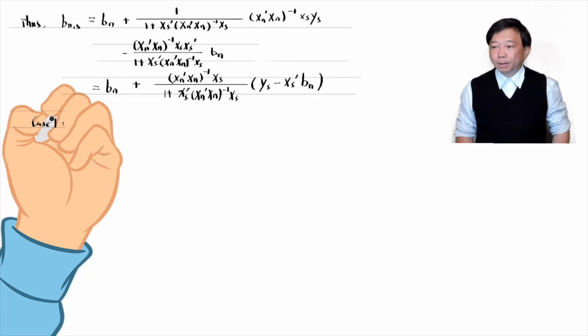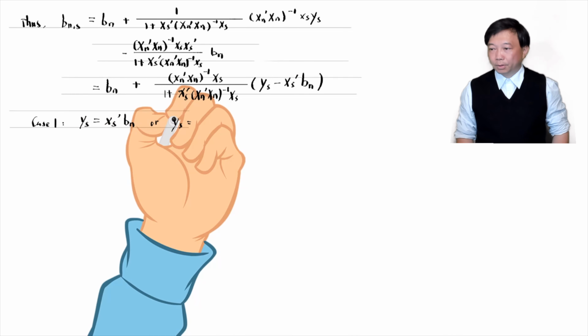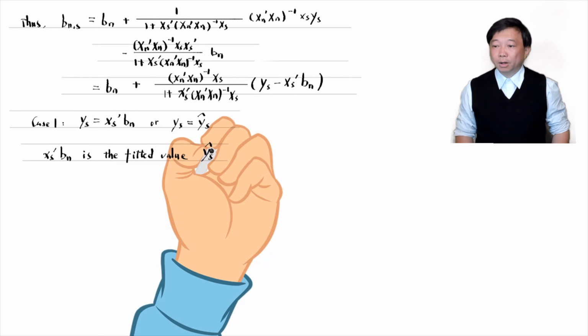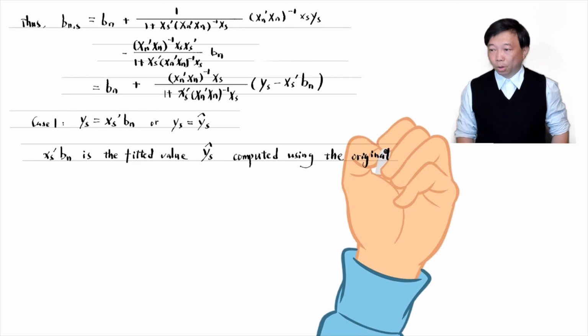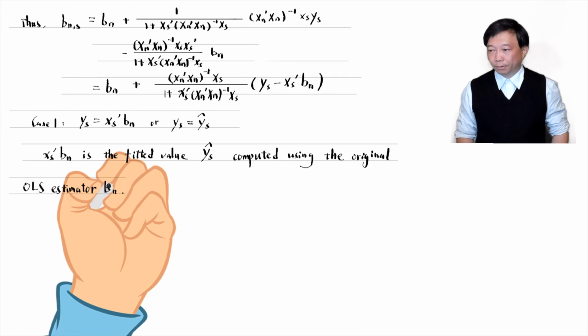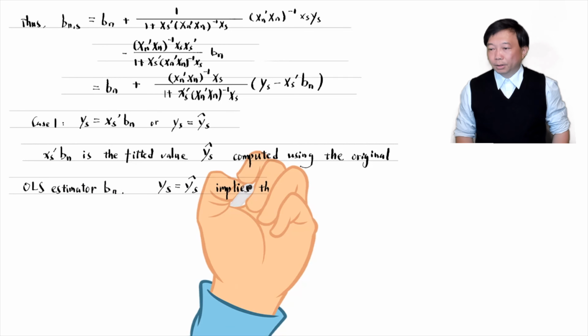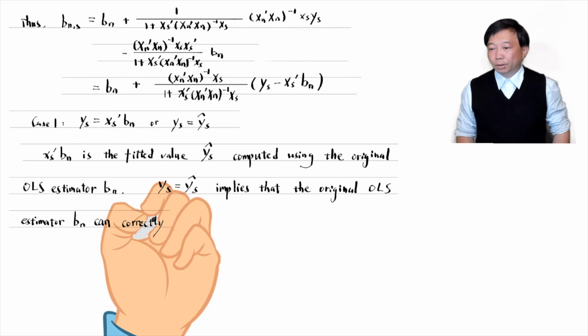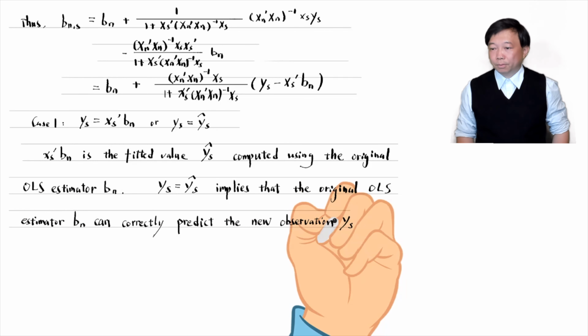xs prime times Bn is the fit value, ys hat, that is computed using the original OLS estimator Bn and the additional observation of x. In case 1, ys equals ys hat. It implies that the original OLS estimator correctly predicts the new outcome ys.